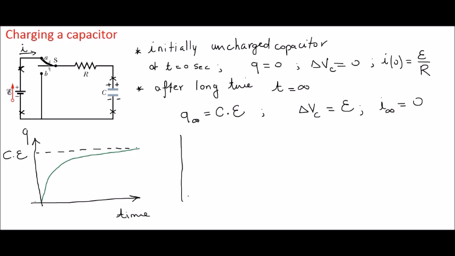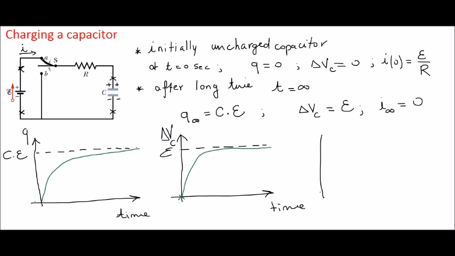The voltage will have the same shape. The voltage across the capacitor is also increasing in the same fashion. It starts from 0 and goes to the asymptotic value. What is the asymptotic value? It's just the EMF, E. What about the current?